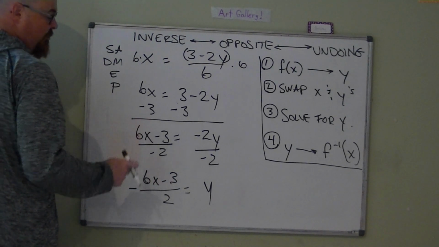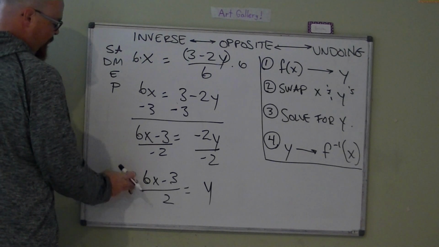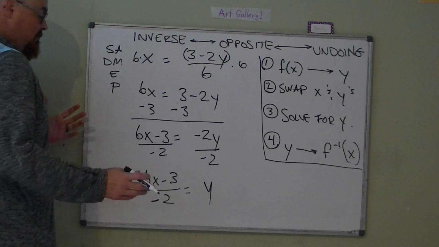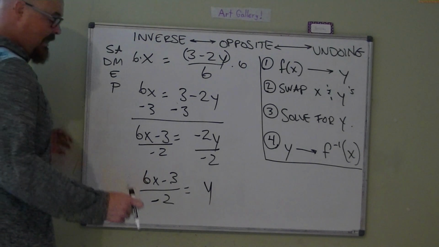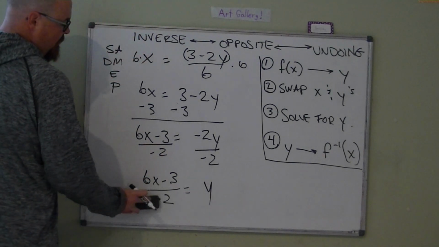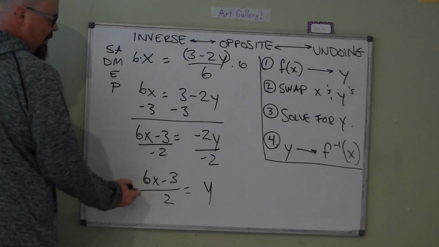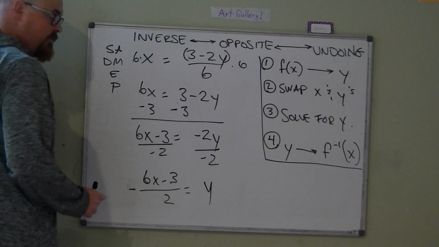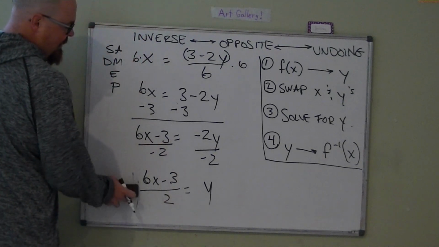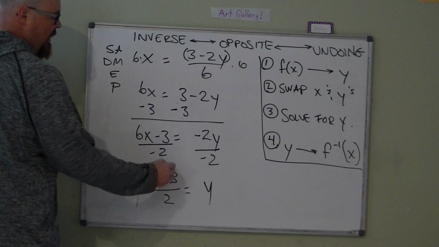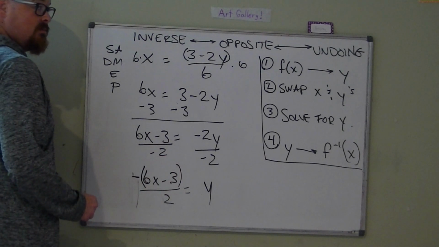Here's the other curveball that we could add. But before we get too crazy, I want you to understand, this is fine. Math Excel, maybe not. They might not like that, so they may want the negative sign. You can have a negative sign in the denominator, or you can move it right in front. Or you could take that negative sign and move it to the top. But if you move it to the top, we're taking the opposite of everything.